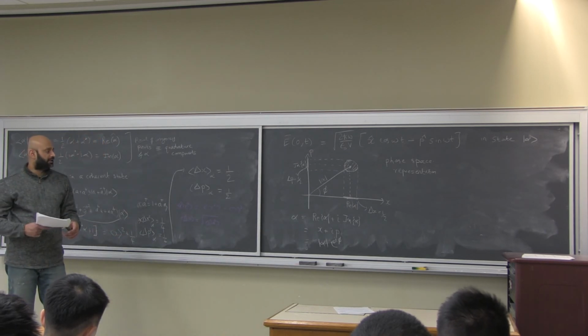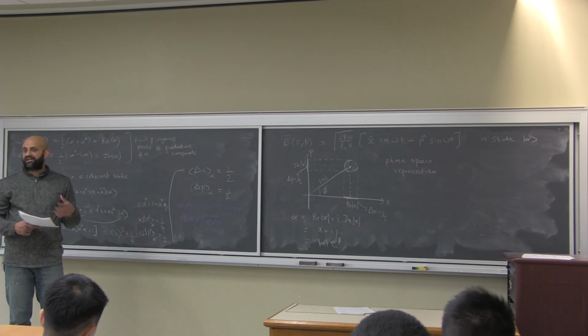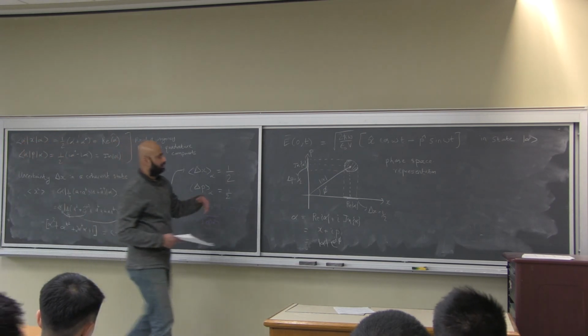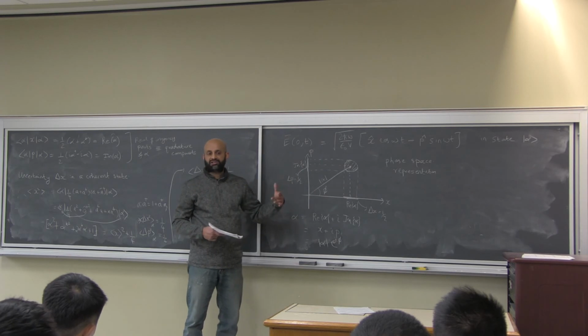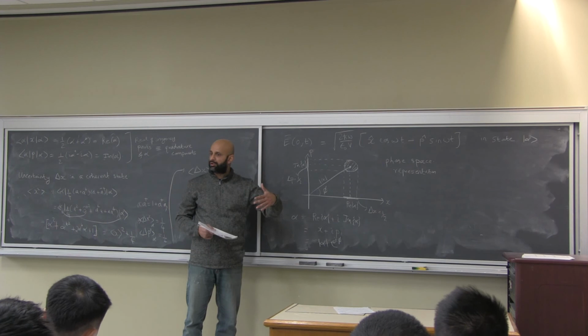Okay? And the trick, as I'll explain in a bit, is to use something called balanced homodyne detection. What we do is essentially we mix the field that we want to measure with a stable field with a fixed frequency, which is called a local oscillator.